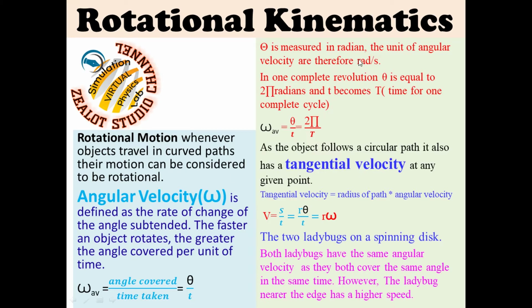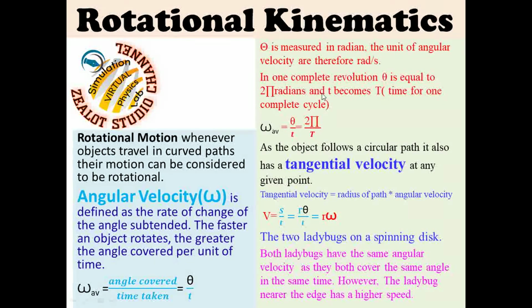Theta is measured in radians. The unit of angular velocity is therefore radian per second. When theta is measured in degrees, the unit of angular velocity is degree per second.